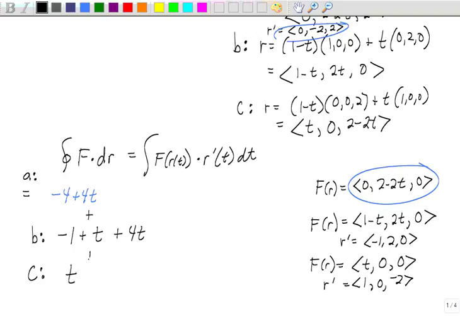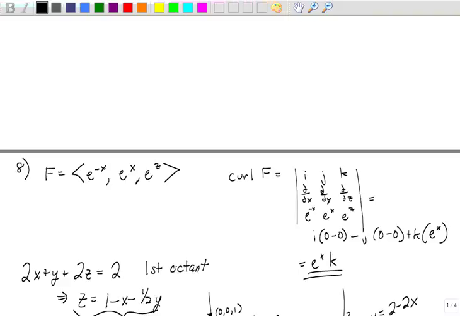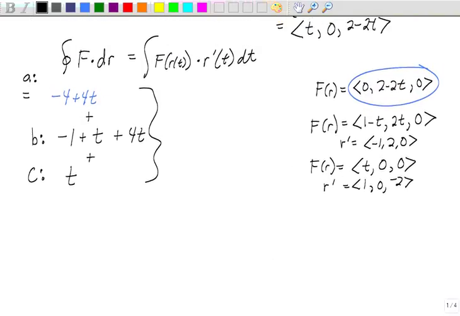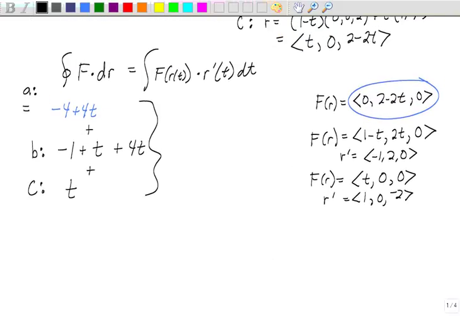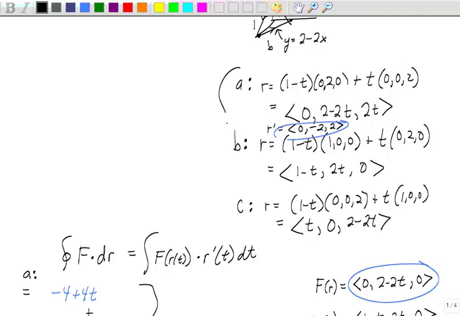So if I add all those together, I get 10t minus 5, and I'm going to integrate that from 0 to 1, because when I parameterize the line segment, t is always between 0 and 1.